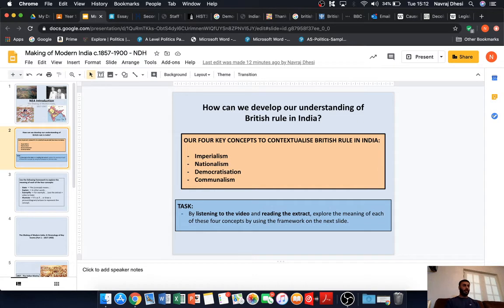So it's not just conflict between the Hindu community, the Muslim community, the Sikh community, but it's also conflict between different castes. Okay, so for example, the Brahmin caste in Hinduism against the untouchables, the Dalit caste in India. There's quite a lot of conflict there.